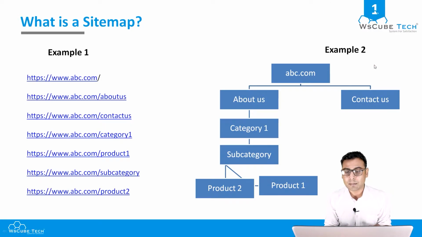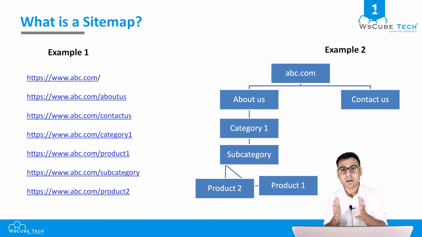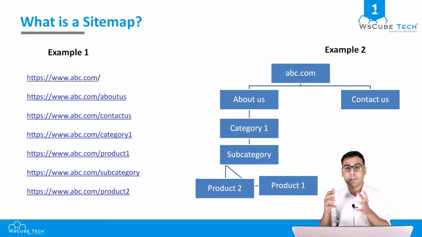But when we see example number 2, there is a proper structure. We also want the crawler to crawl websites like example number 2, so that it can better understand our website: the structure of the website, how our website works, what kind of pages are there, what kind of connections between the pages there are, and which category the pages are linking to.